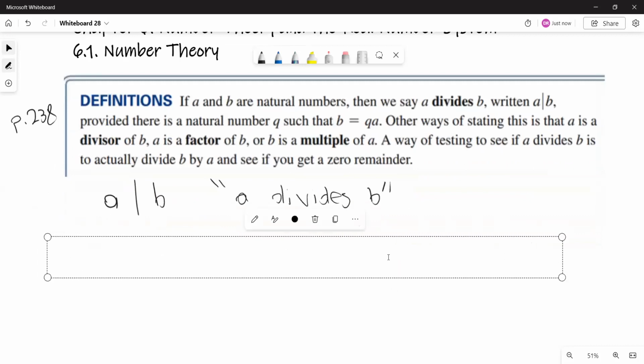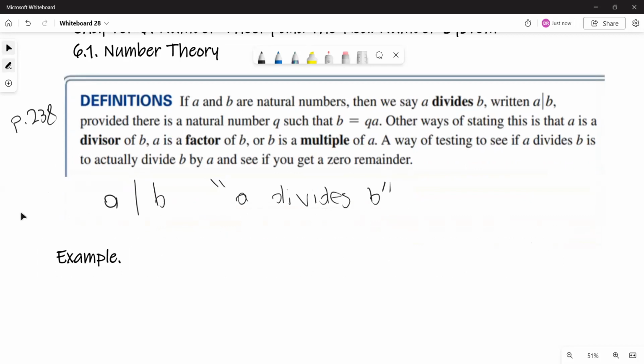Okay, for example, we can say that 7 divides 35. So I'm going to write it like this, that 7 divides 35 because there's a number, and you know that the number is 5, that multiplied by 7 is equal to 35.